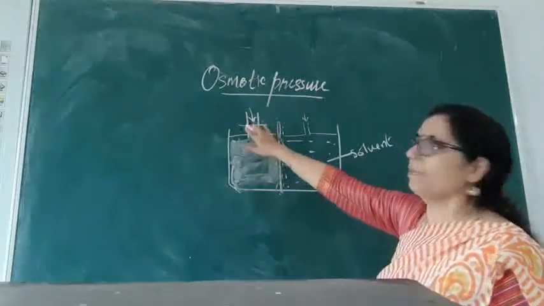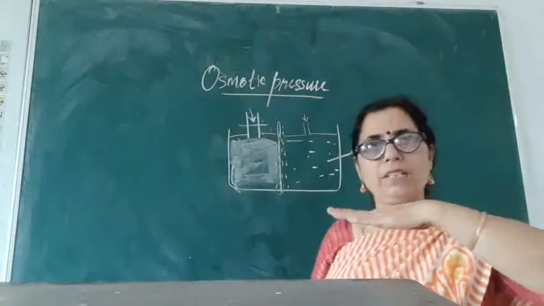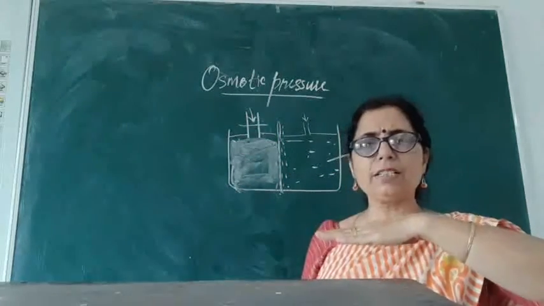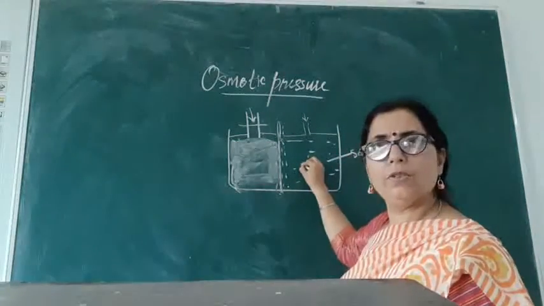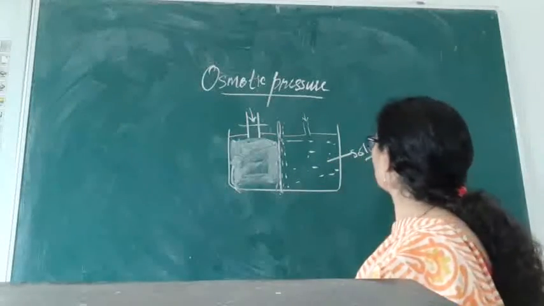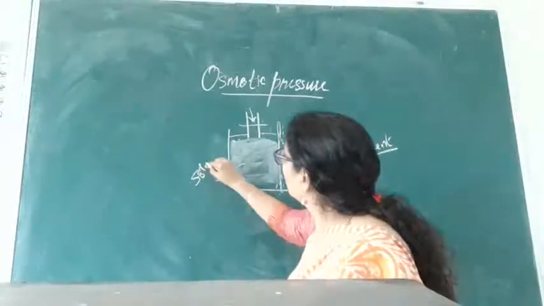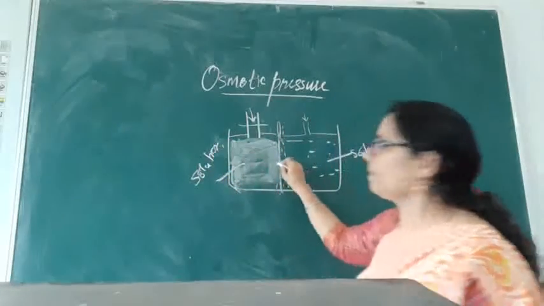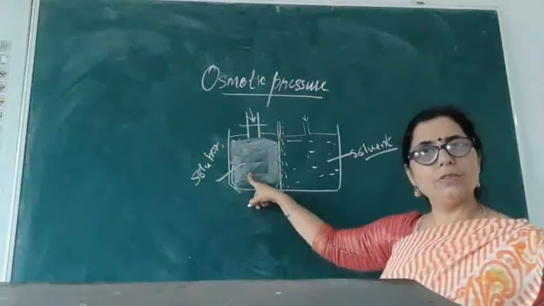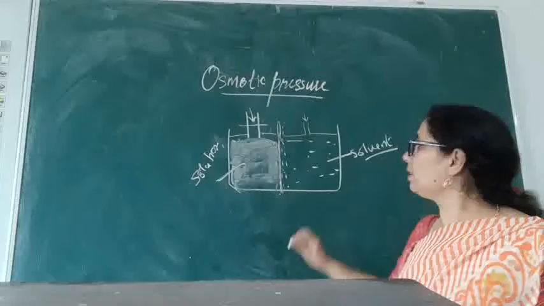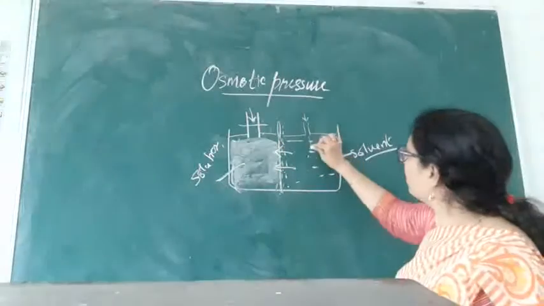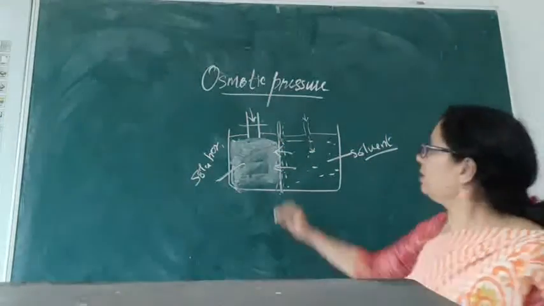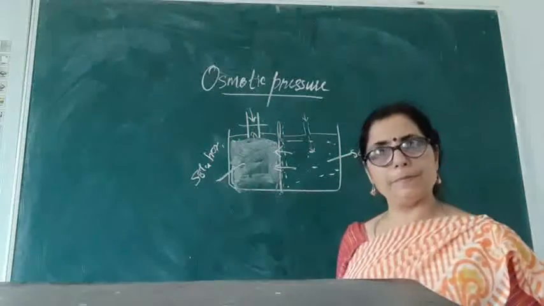When the piston is in its first position and no changes have been made, the solvent molecules from the dilute side, that is the solvent, pass through the semi-permeable membrane into the solution part. The level of the solvent side goes down and the level of the solution moves up.